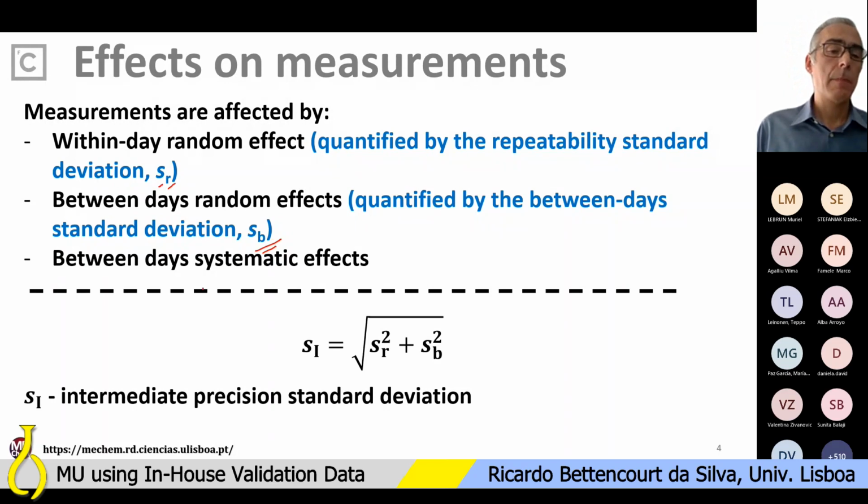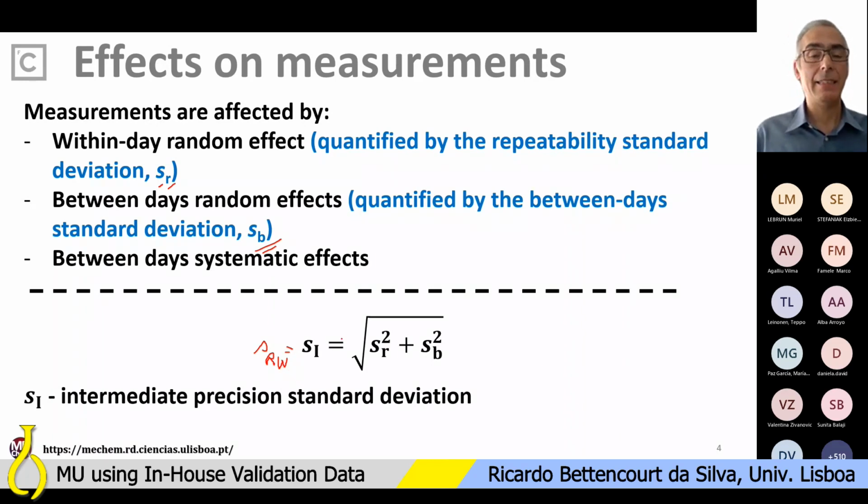And the intermediate precision standard deviation that we quantify uses the notation S subscript RW. Some people use within-laboratory reproducibility standard deviation instead of intermediate precision standard deviation.